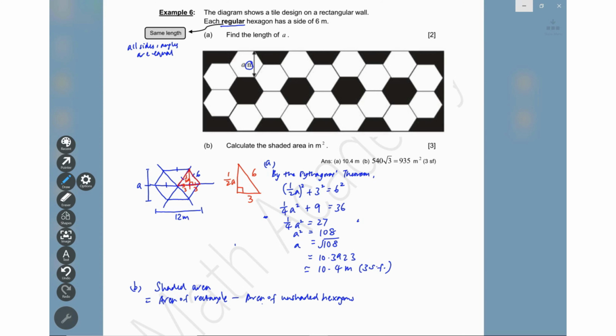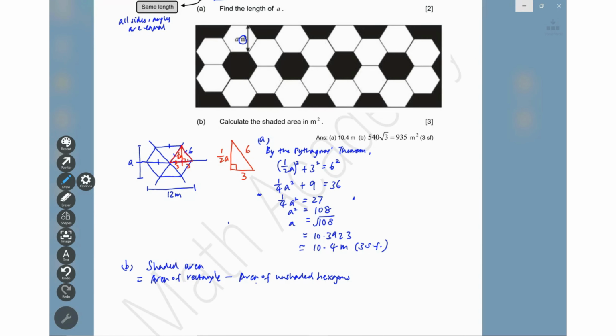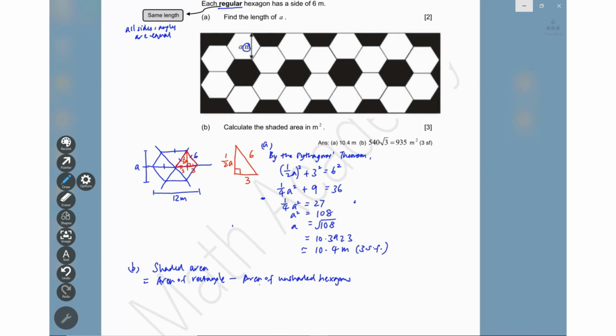Then you will get the shaded area. So let's first find the area of the rectangle.